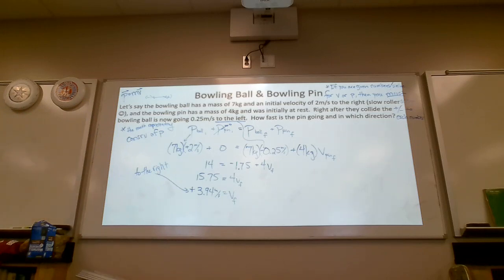Is that what we would expect? As the bowling ball hits the pin, which way would you expect the pin to go? Right or left? To the right, so it checks out with what we'd expect.